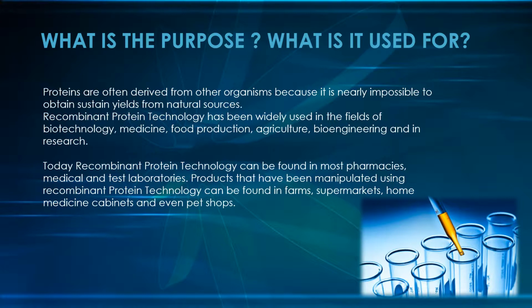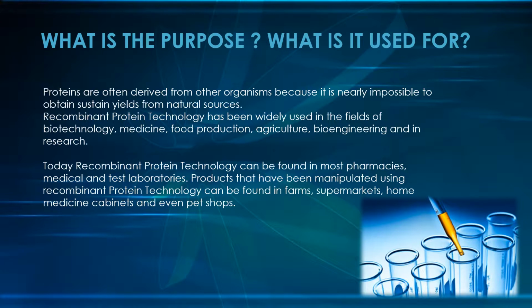Now that we have an understanding of proteins and recombination, what is its purpose and what is it used for? Recombinant protein technology is one of the most amazing, revolutionary discoveries in the field of medicine. Proteins are often derived from other organisms because it's nearly impossible to obtain sustainable yields from natural sources.